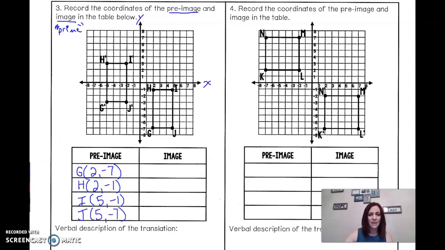Okay, and then let's talk about our image now. Again, these are images because they have this little prime symbol here, right? So G corresponds to G prime, and G prime is happening at -5, -3.